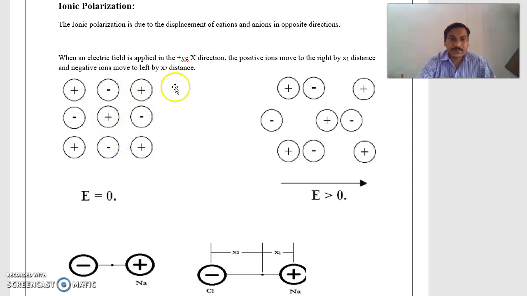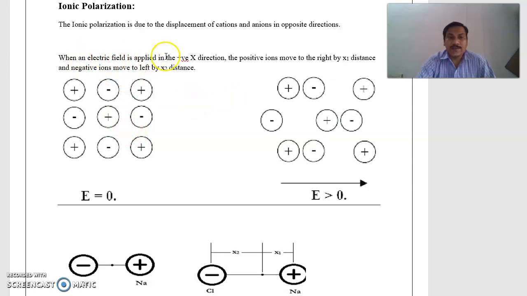If you take an ionic dielectric material with no electric field, E is 0, the cations or positive ions and the negative ions or anions are symmetrically distributed. So the positive charge center and negative charge center coincide, there are no dipoles, so the dipole moment becomes equal to 0.